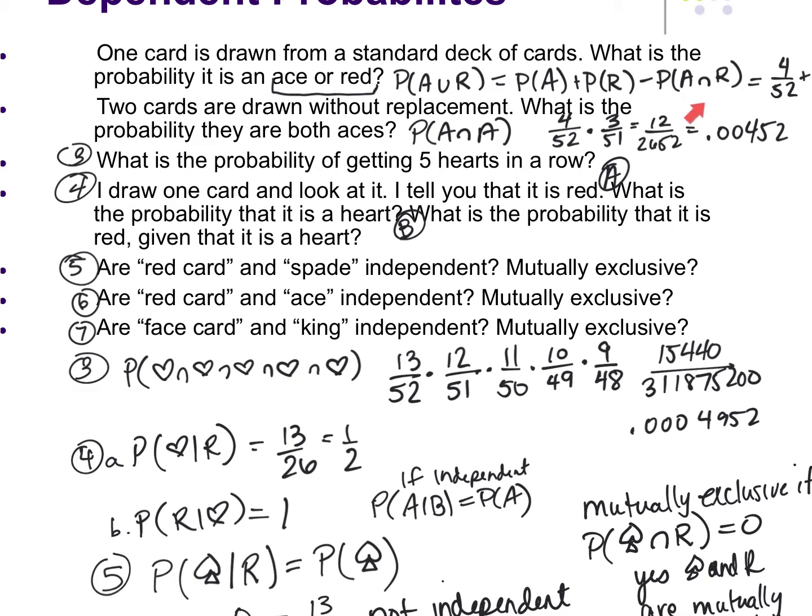If this is 0, then it's mutually exclusive. If it's not 0, then it is not mutually exclusive. So that would be a problem where it asks you to do a little bit more than just think about those probabilities. Can you have both? In general, it's pretty much common sense. Can I have both?